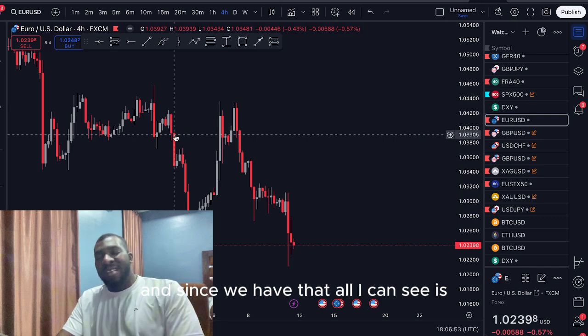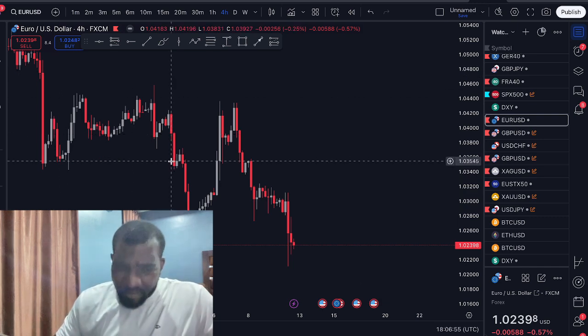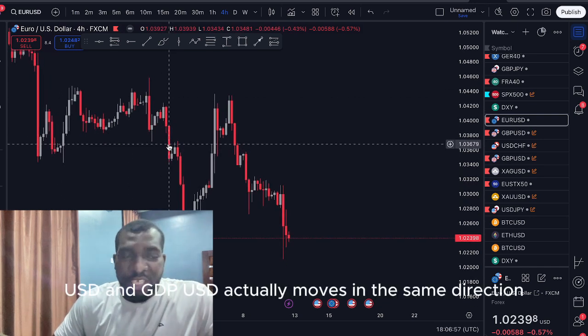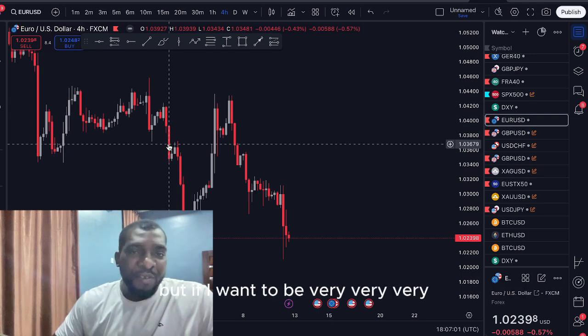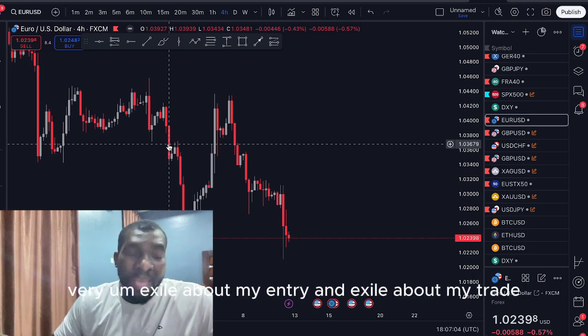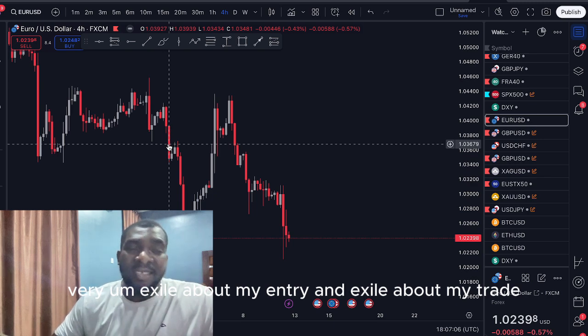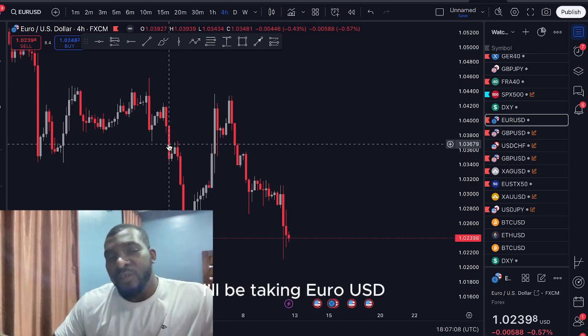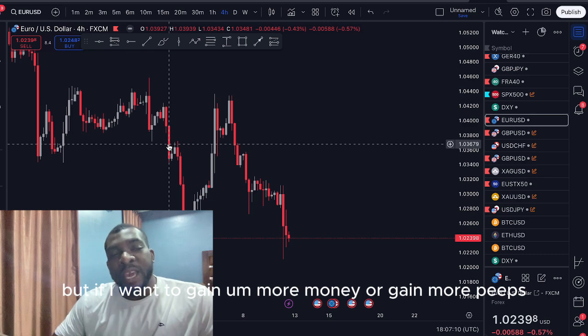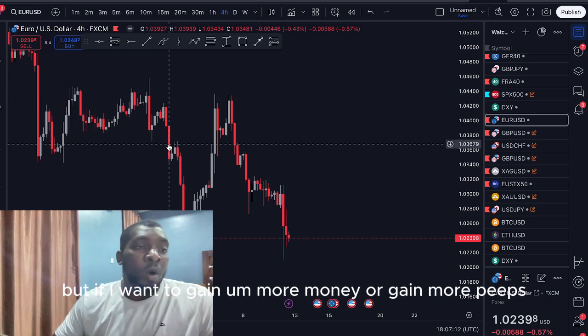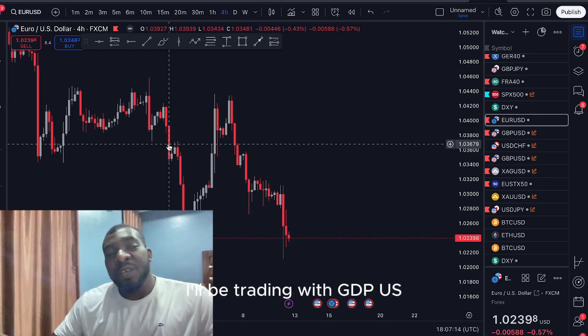And since we have that, all I can say is EURUSD and GBPUSD actually move in the same direction. But if I want to be very exact about my entry and my trade, I'll be taking EURUSD. But if I want to gain more money or more pips, I'll be trading GBPUSD.